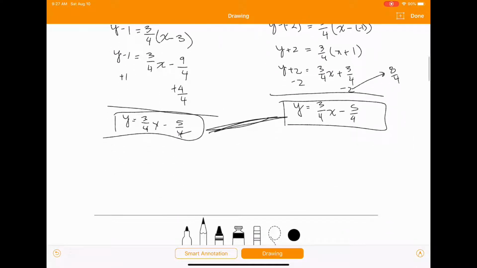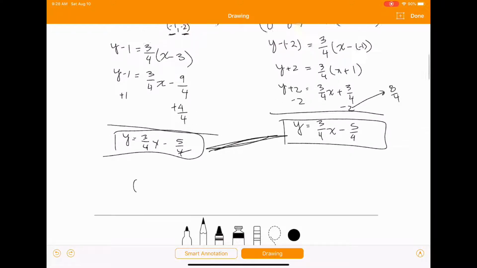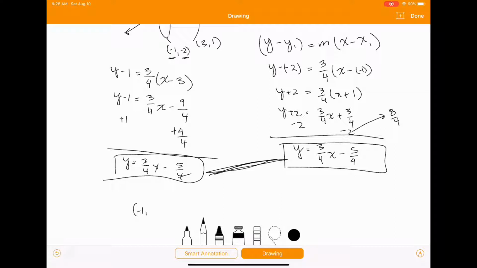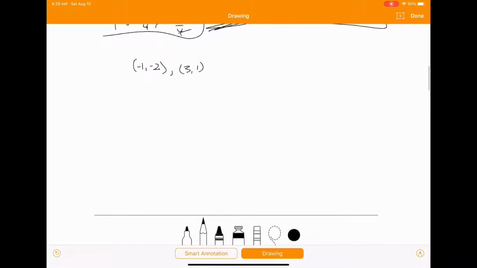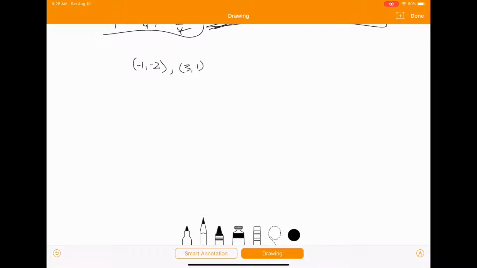Now, if you aren't given the graph and you're just straight up given these 2 points, you don't actually have to graph it to count off what your slope is going to be, because your slope is going to be your change in y over your change in x.